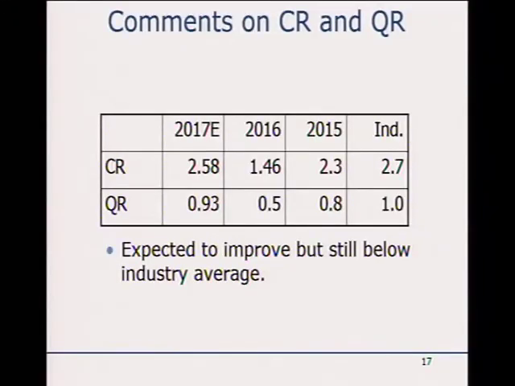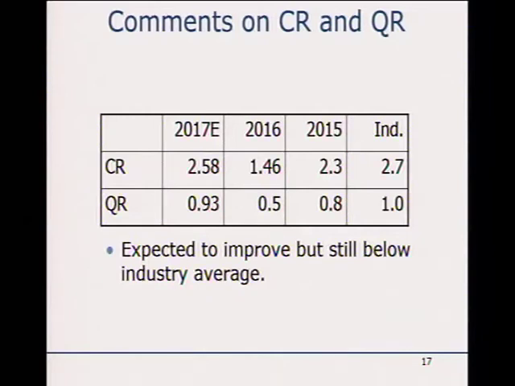Let's compare these figures. If you look at those figures, CR stands for the current ratio, QR stands for the quick ratio, and let's have them here. Those are the figures that we're looking at.